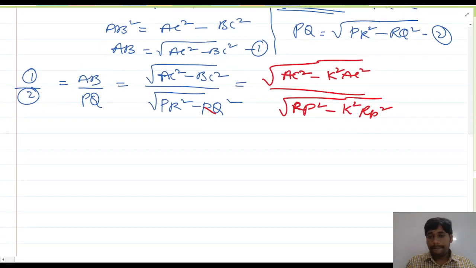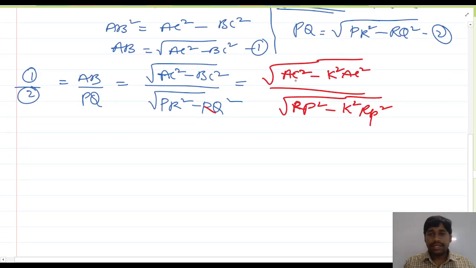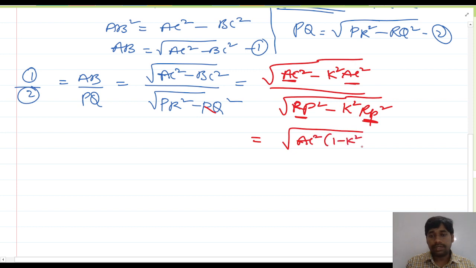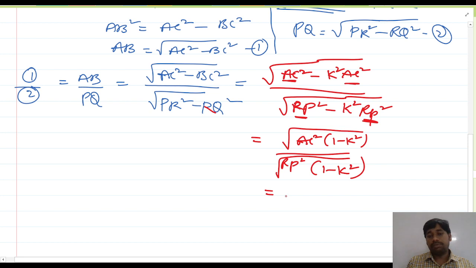Then take RP square as common. We can write AC square of 1 minus K square by RP square of 1 minus K square. The square root of AC square comes out as AC, and the square root of RP square comes out as RP.